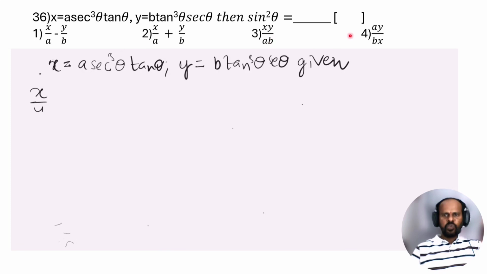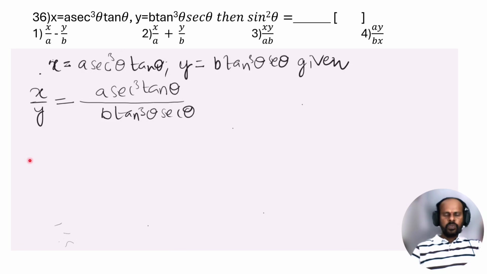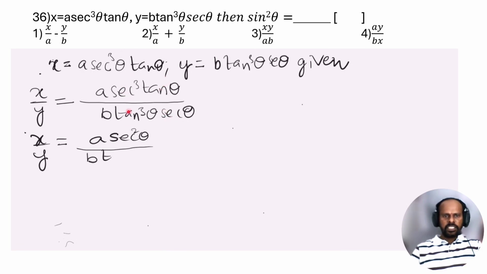So let us divide both. a sec cube theta tan theta divided by b tan cube theta sec theta. So here what we do, x by y, writing as it is. Here one sec gets cancelled and one tan gets cancelled. Here one sec gets cancelled, sec square left, one tan gets cancelled, tan square left.